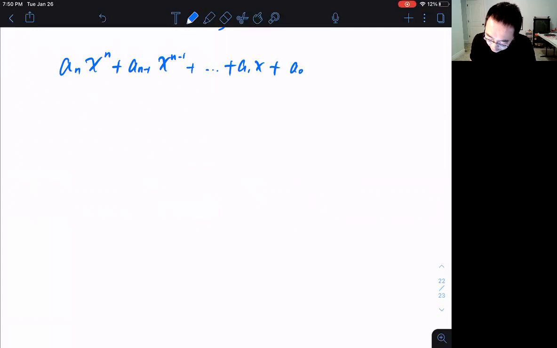Because at the end, this is really x raised to the 0 power, which is 1. So a naught times 1 is just a naught itself.